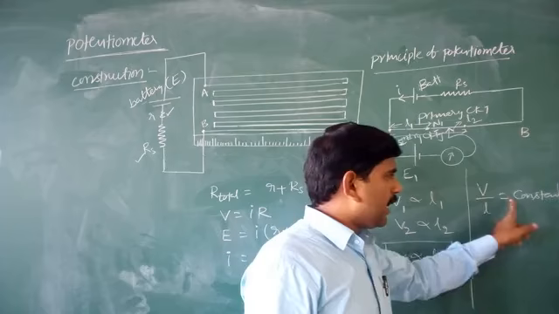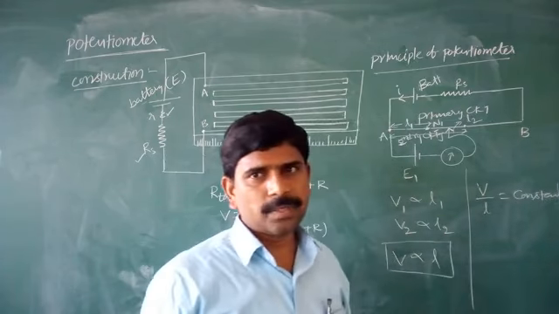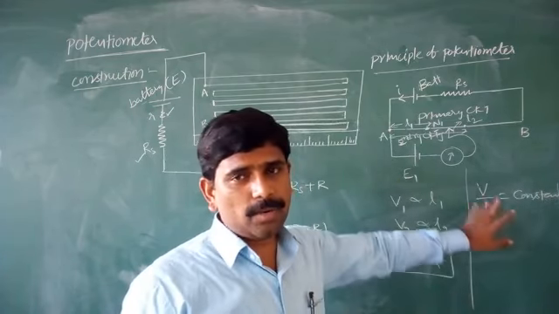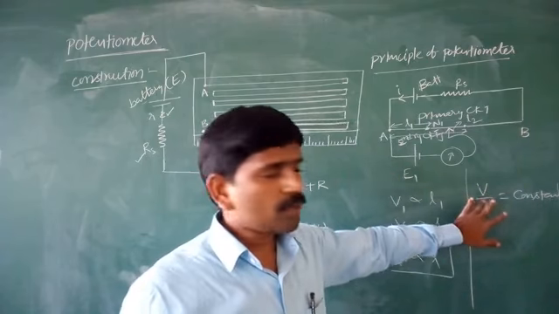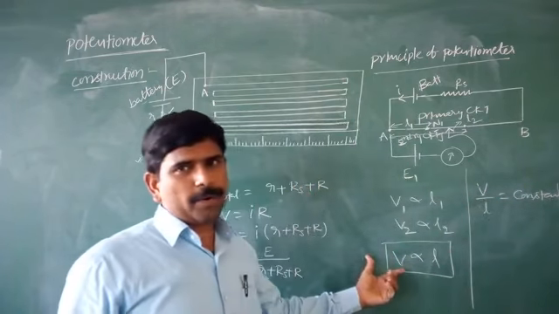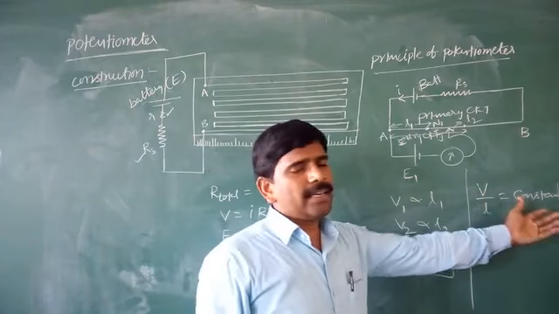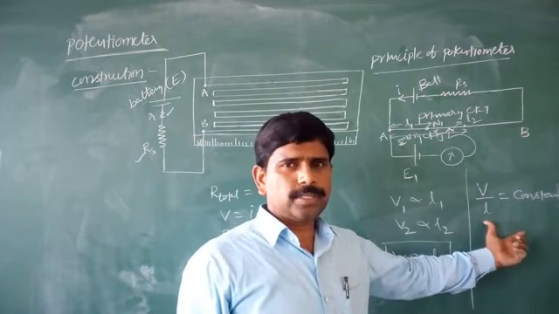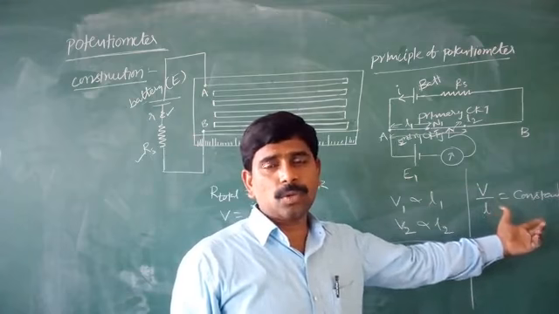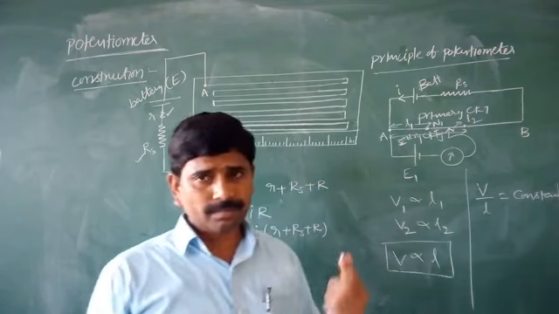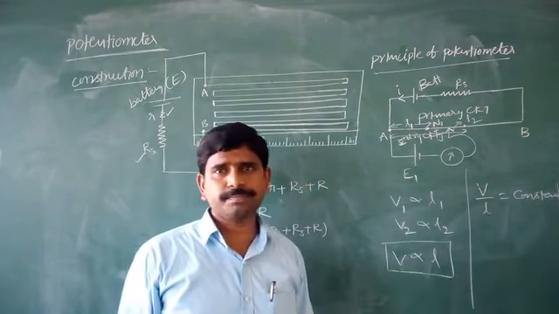But the potential gradient is equal to constant. So this is the principle of the potentiometer: potential gradient is equal to constant.